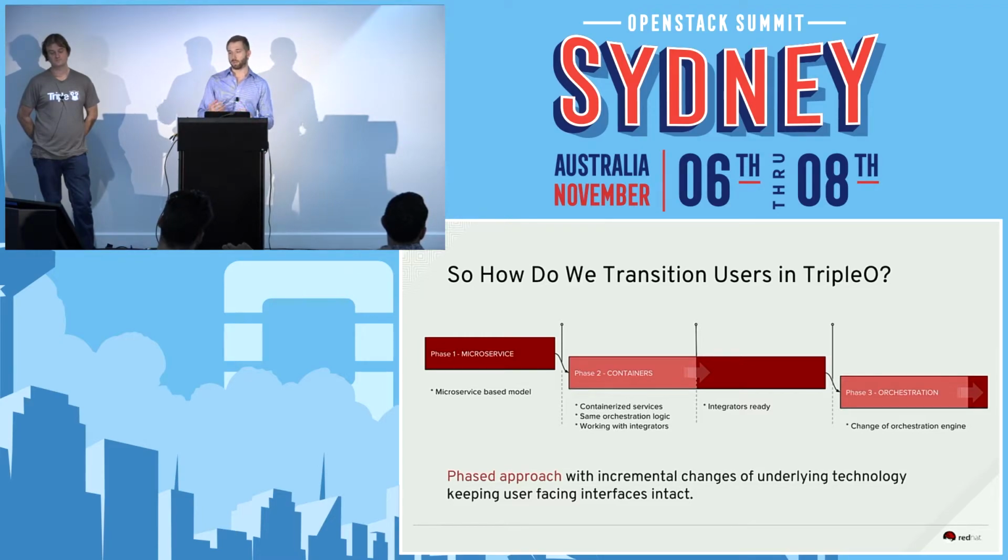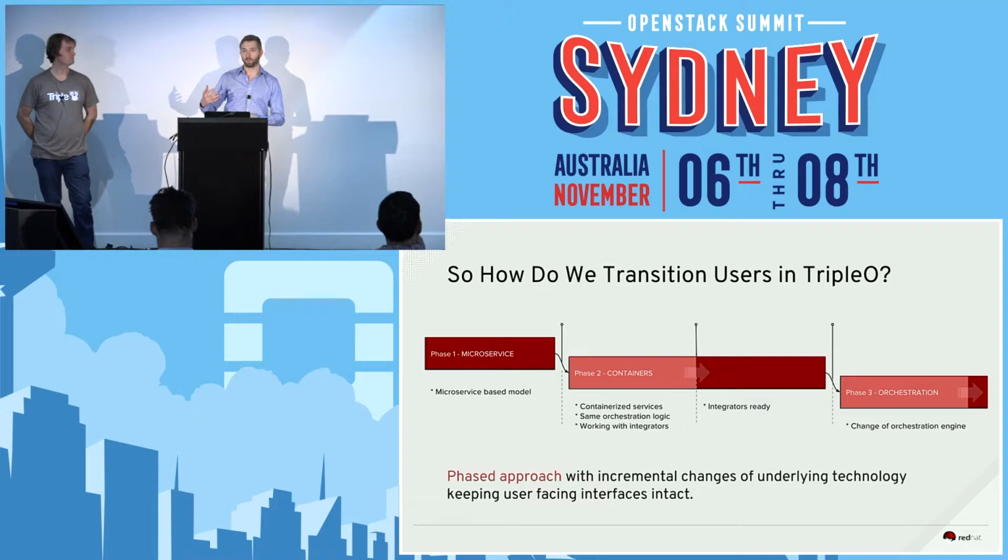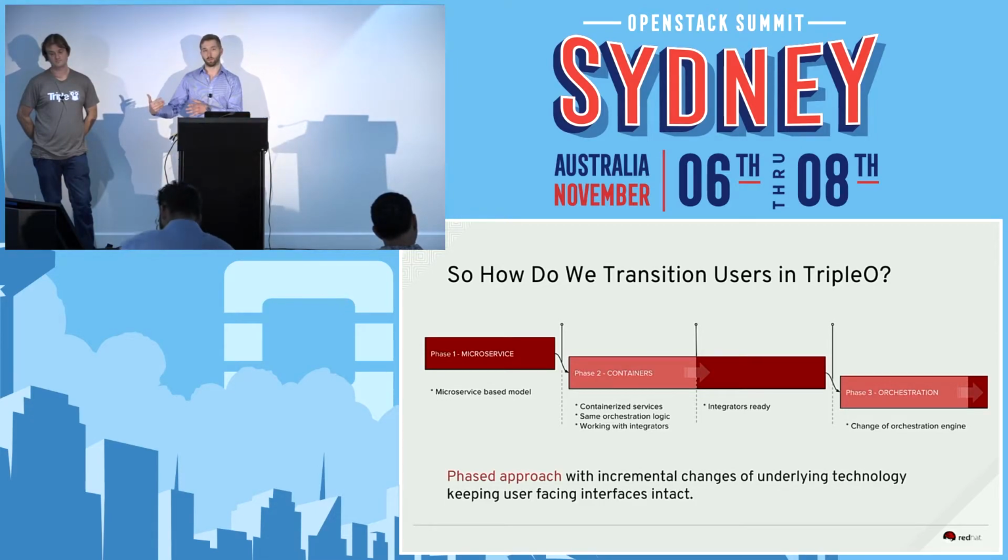Then take this environment and change the runtime of the services from baremetal to containers, keeping the same orchestration layer. And as the third phase, change the orchestration engine to Kubernetes and basically reach the end goal.